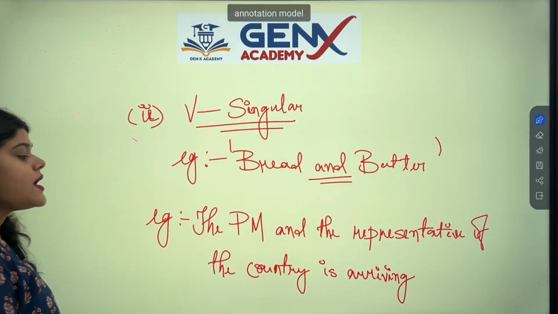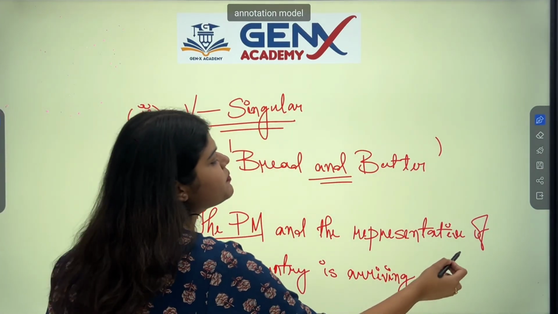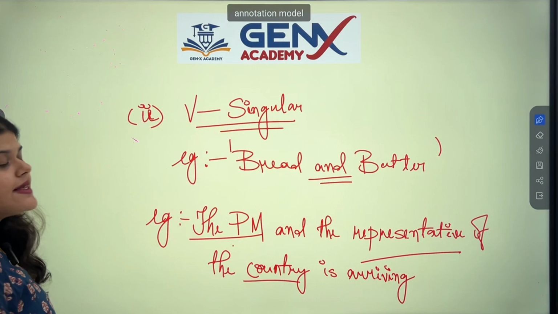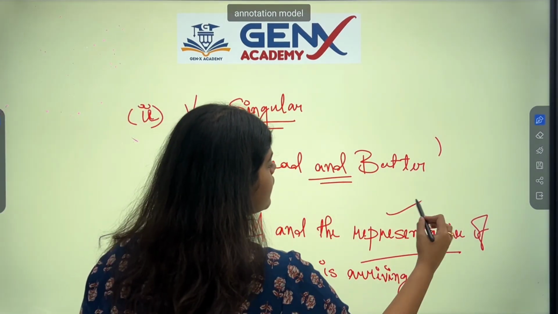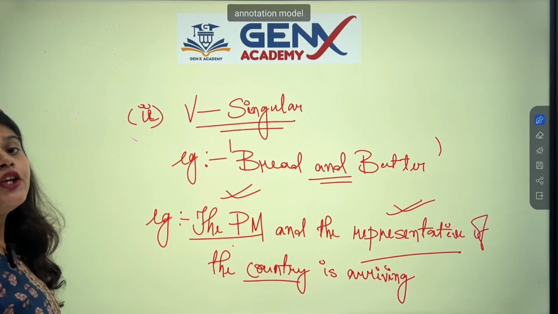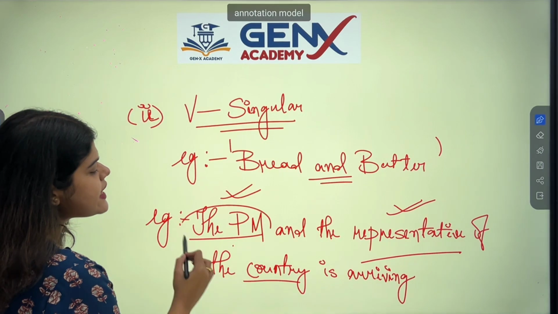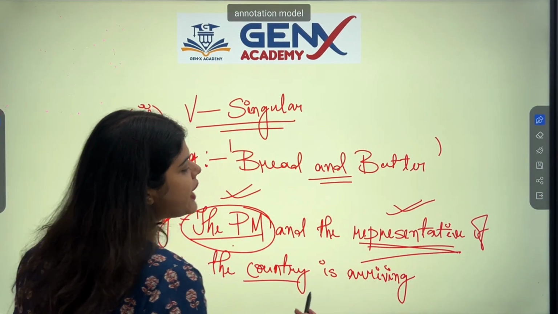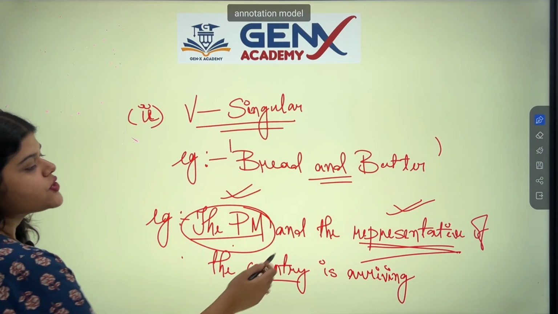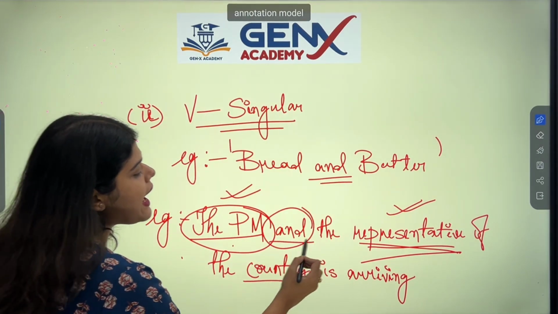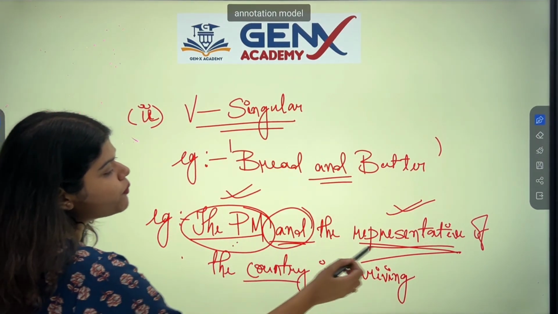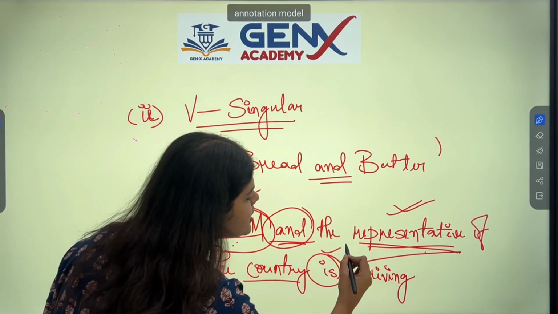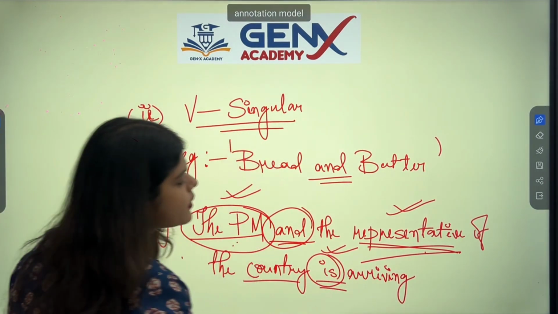The sentence says the PM and the representative of the country is arriving. So in this case, both the subjects are used to indicate the same person. It talks about the Prime Minister itself. So here when we use and for both the subjects, it will be followed by a singular verb.